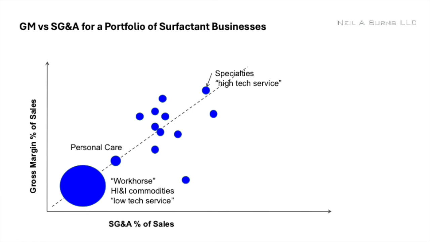This could be a lubricant additive, an emulsion polymerization specialty, or an agricultural emulsifier, something like that. They typically have high gross margins, higher than your commodity business, but you have to support those high margin specialties with expenditures in SG&A.